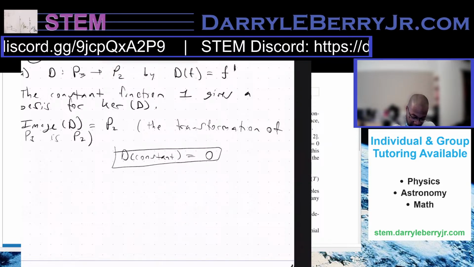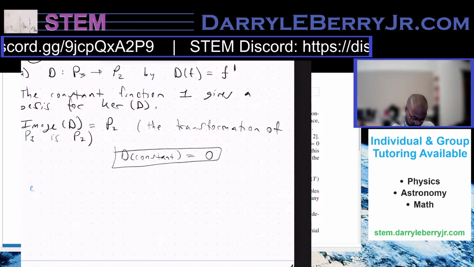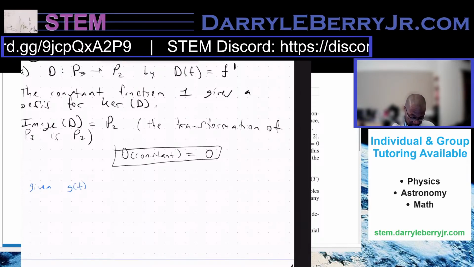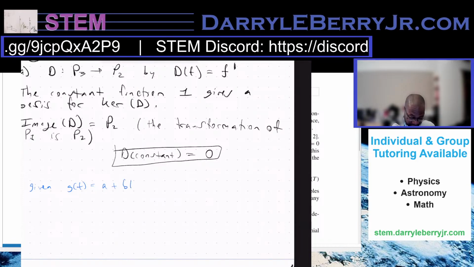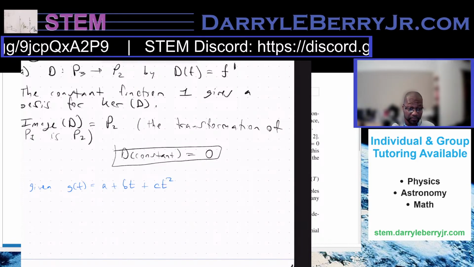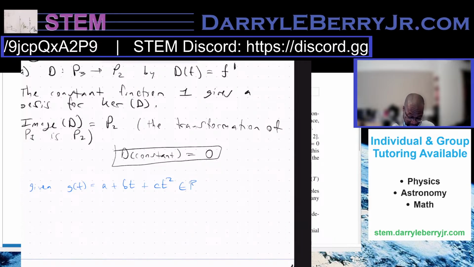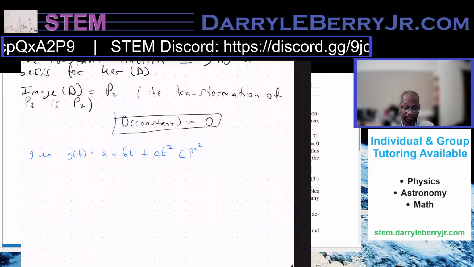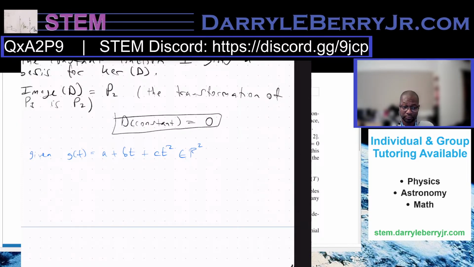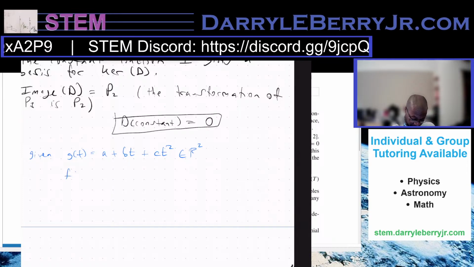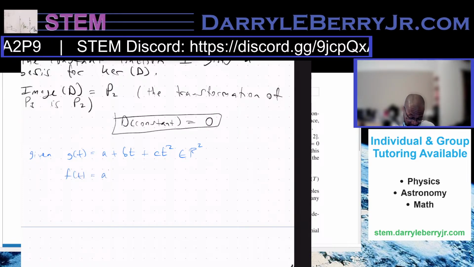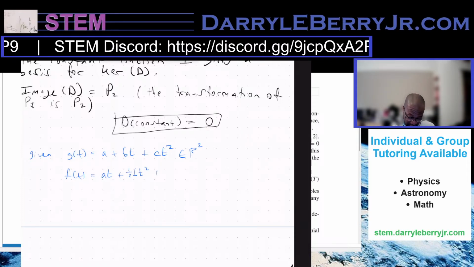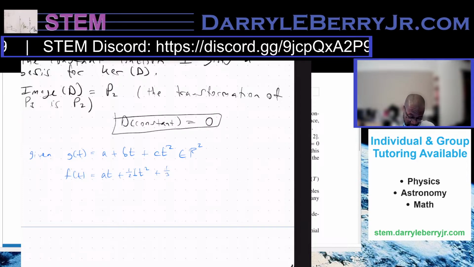They give us an example. Given g(t) equals a plus bt plus ct squared, and that's in P2 because it's a polynomial of the second degree, and f(t) is at plus 1/2 bt squared plus 1/3 ct cubed.